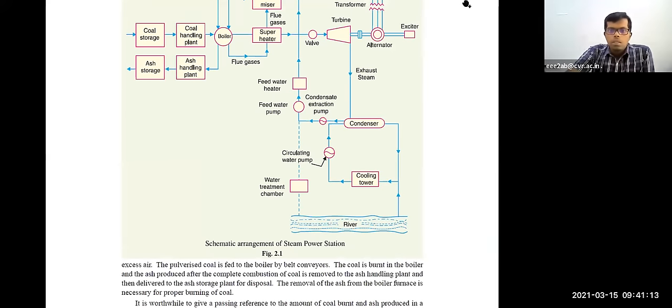It is not showing. Okay, in offline classes I will explain that. So the cooling tower output is given to the circulating water pump.